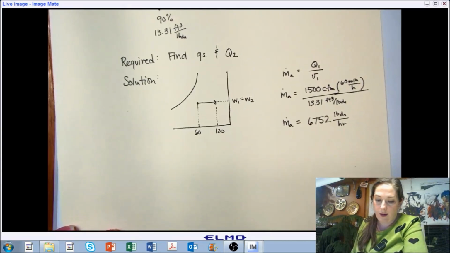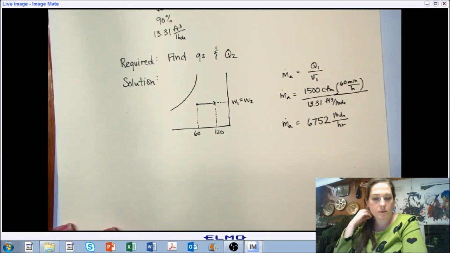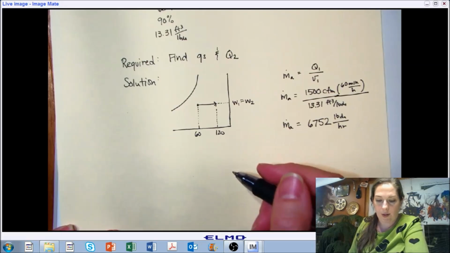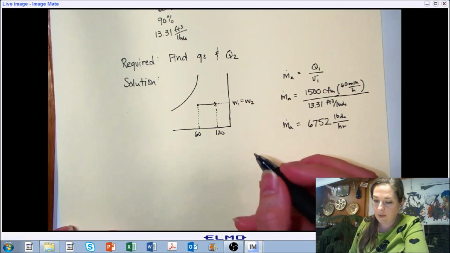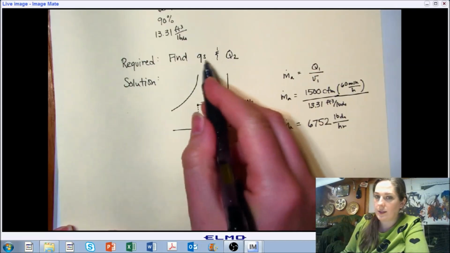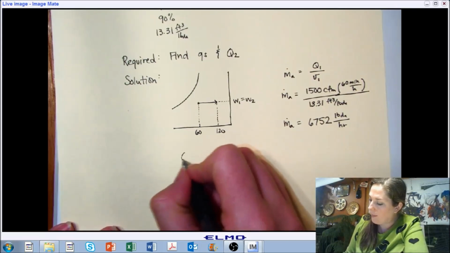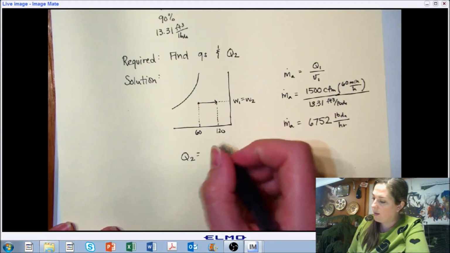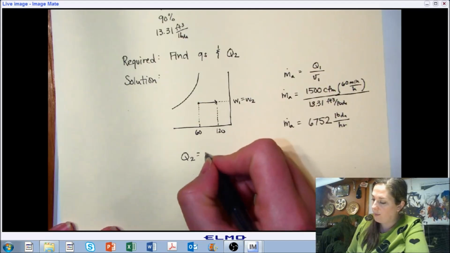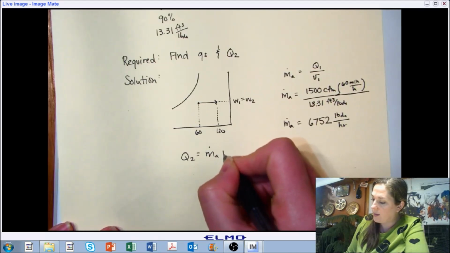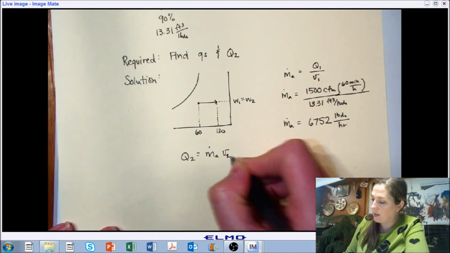And then the next thing we want to do is look at the volumetric flow rate leaving. So we're kind of working these in a little opposite order. Volumetric flow rate leaving is just a manipulation of this equation above, but for state point 2, where we have the mass of air times the specific volume at the second point.